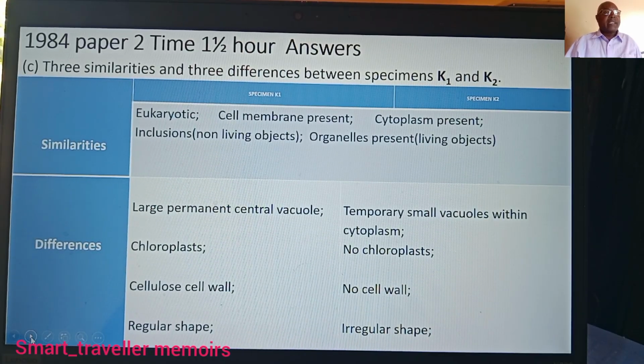Three similarities and three differences between specimen K1 and K2.